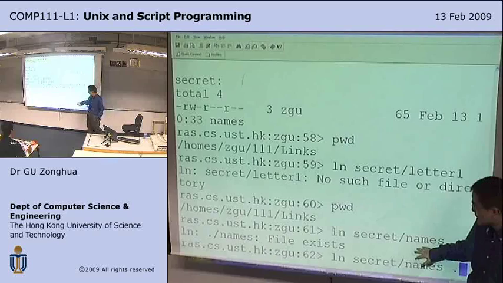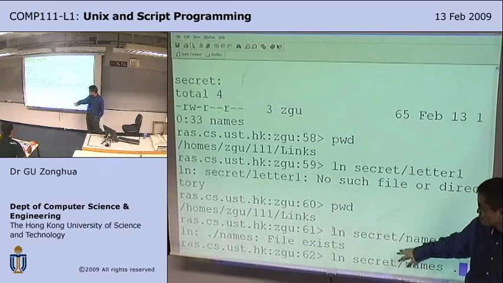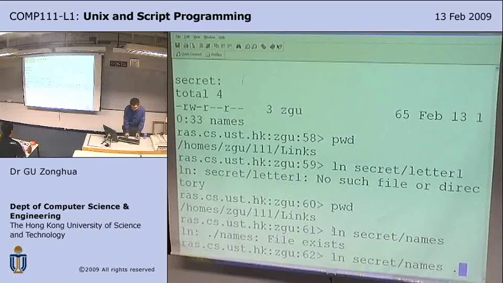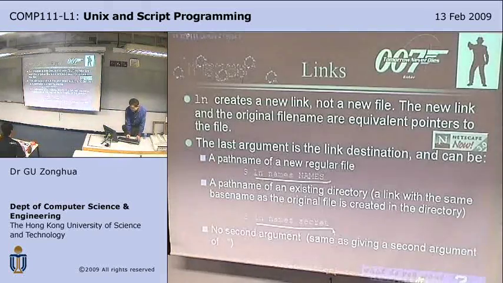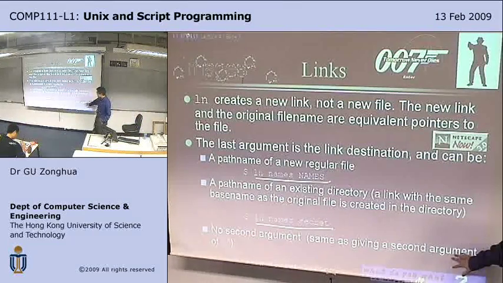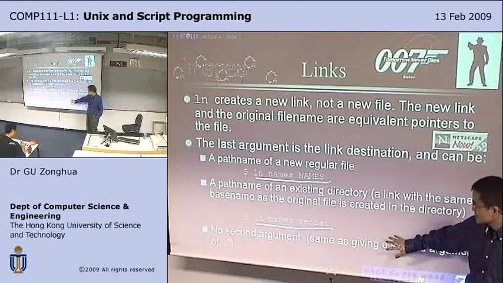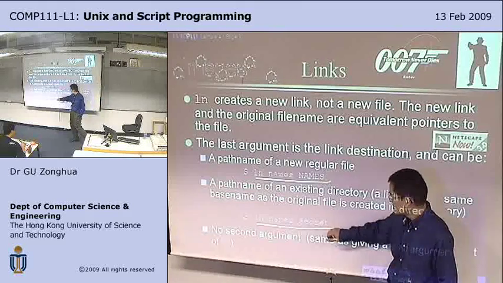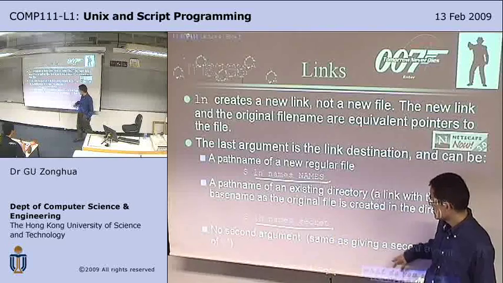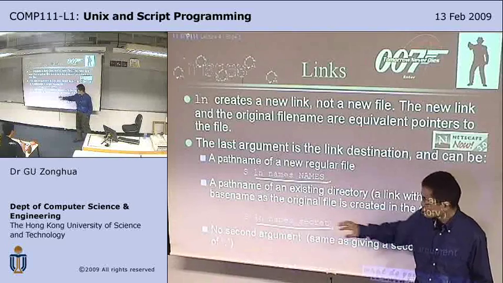If you happen to already have a file called names in the current directory, then it says file exists. Otherwise, it creates a link for you. This is just a shorthand: you can omit the last argument if it happens to be the current working directory. Otherwise, you can specify it like this to make it clearer.